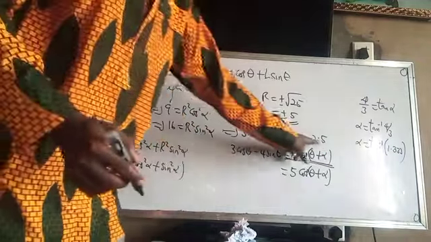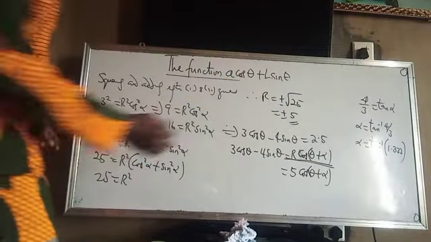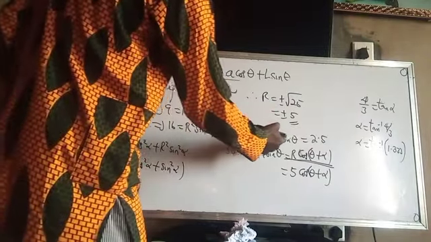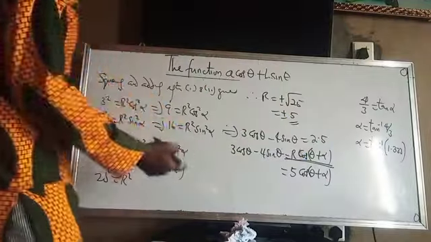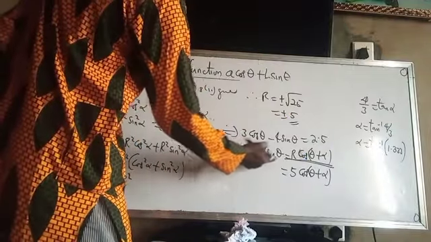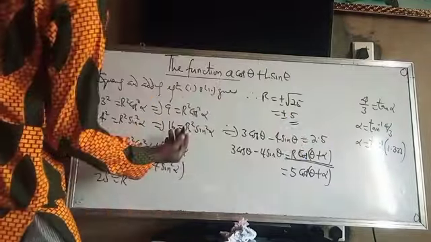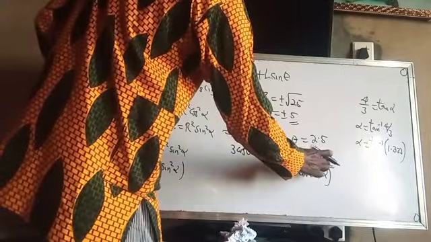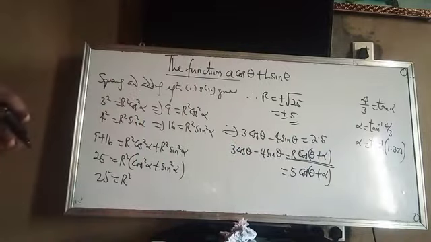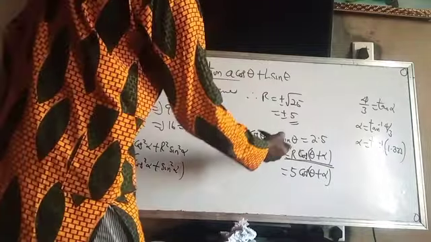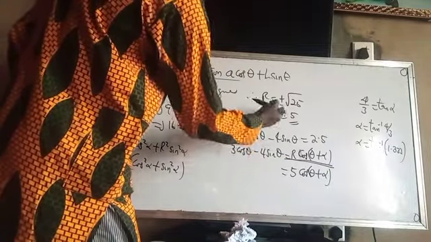So we now return to the initial problem. The initial problem is 3 cos theta minus 4 sine theta equals 2.5, and we said the left hand side should be represented by R cos theta plus alpha. Since our R is 5, we pick the positive value.